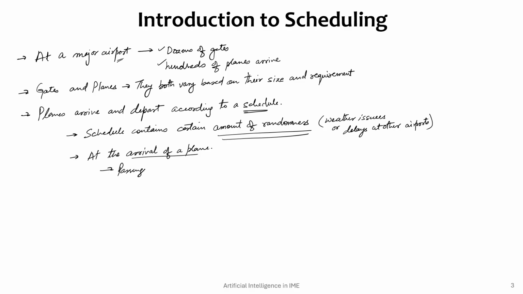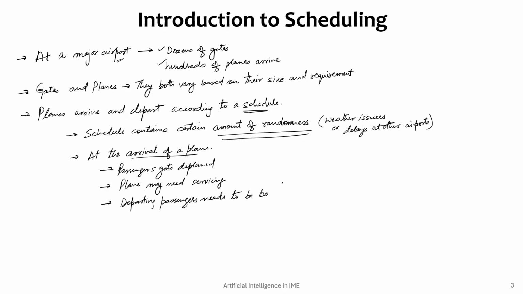Passengers get deplaned, the plane may need servicing, and departing passengers need to be boarded. These are three broad things that are completed at each arrival of a plane at an airport.